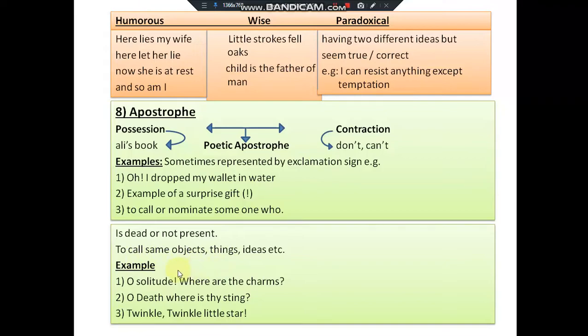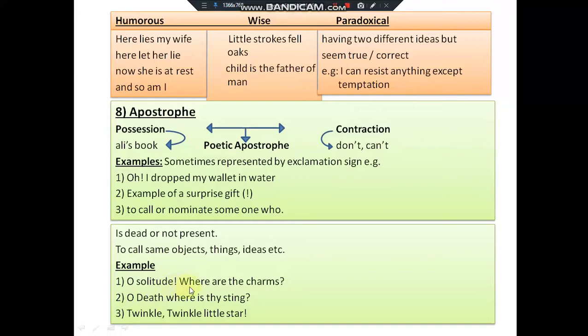It means that we do not only use apostrophe for human beings, but that can be an idea, a person, an object, or anything as well. For example, oh, solitude. Solitude basically means loneliness. That is an abstract noun. Oh, death. Look here. Or if I say, oh, my friend. Again, this O is another example of apostrophe. Not only this exclamatory sign, but O is also an example of apostrophe.